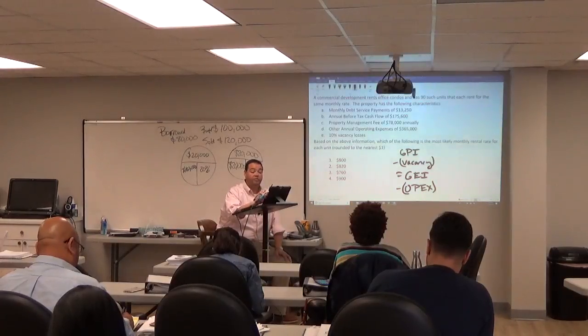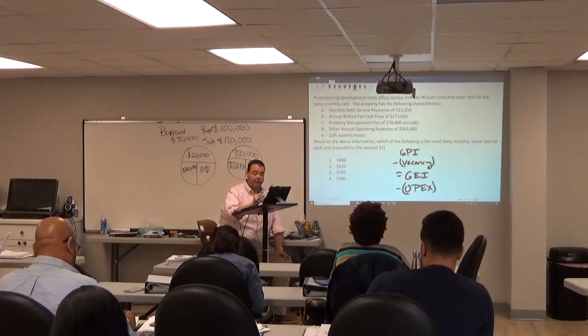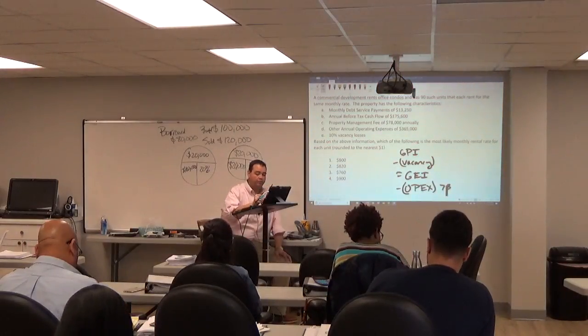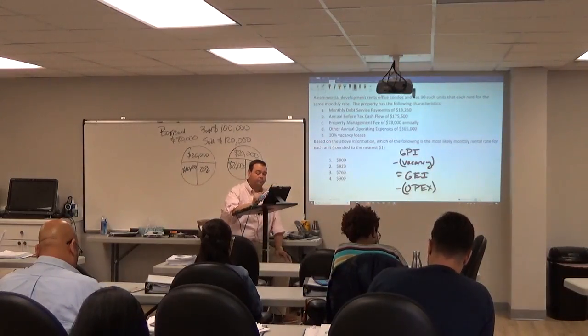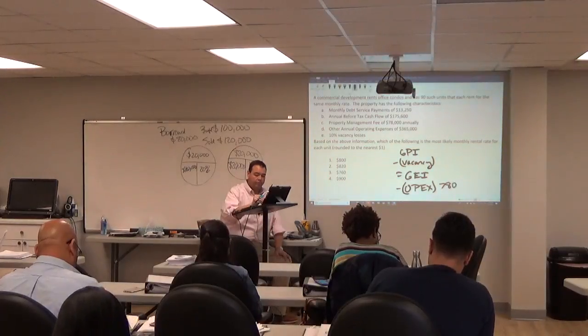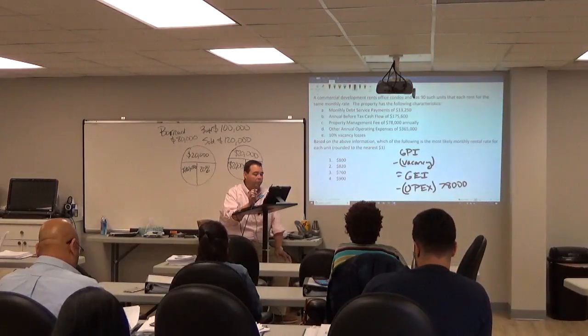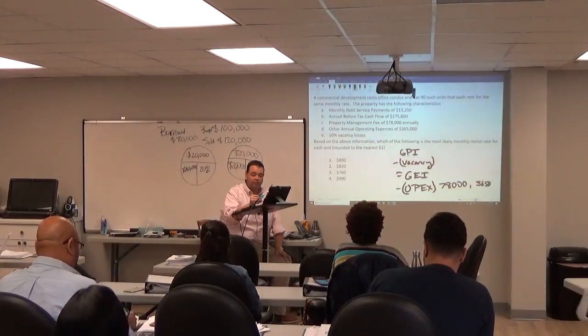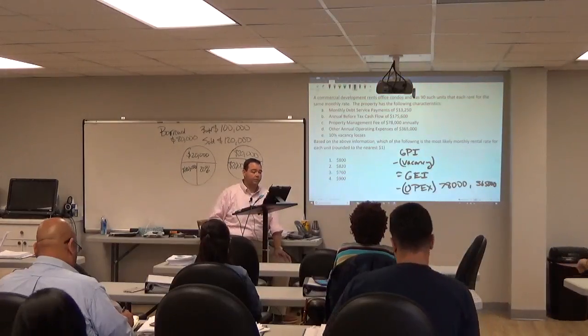Property management fee of $78,000 annually. That goes on the operating expense line, right? $78,000 property management fee. And other operating expenses of $365,000. So we just fill in that $365,000 on the operating expense line.